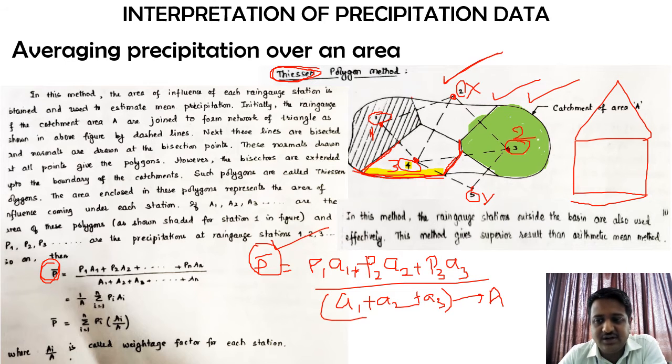If the shapes are a triangle, square, rectangle or trapezoid, you can use your given set of formulas to determine the effective areas. So whenever we solve problems, we are going to come across such shapes, not these random shapes. But in a practical case, a planimeter is used instead of these standard formulas.